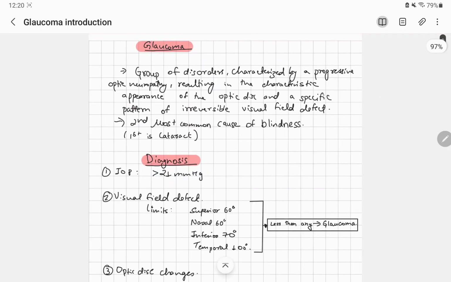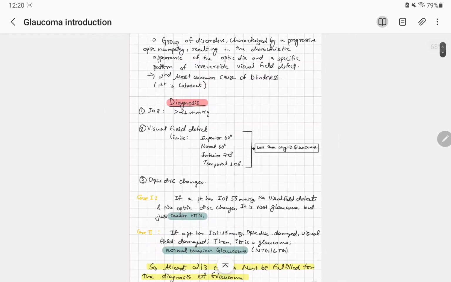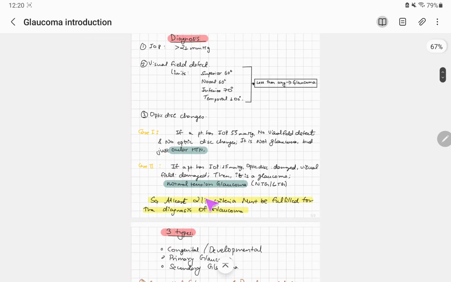So here we discussed the definition of glaucoma, the diagnosis and the criteria: intraocular pressure greater than 21 mmHg, visual field defect, and optic disc changes.